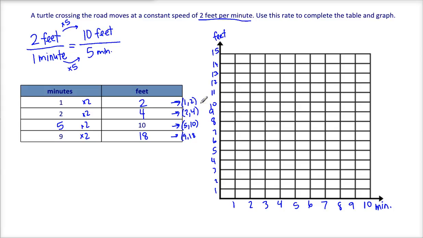Okay, so 1, 2, so 1 over and 2 up. Then we have 2, 4. And then 5, 10. And finally 9 and 18, which isn't actually on here, so I'm not going to do that one actually. I apologize, I didn't fit it on there. But I have enough points to be able to draw a straight line.